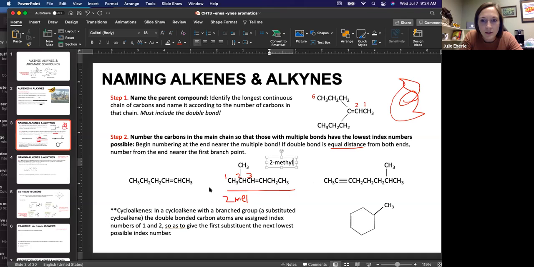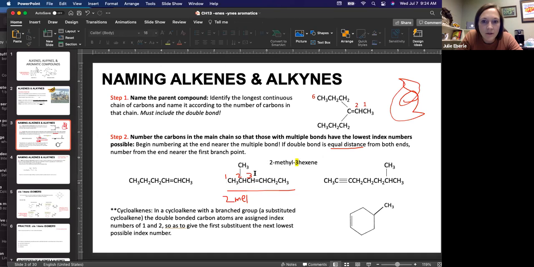But the way it works out is you'll say 2-methyl, and then I'm going to put a 3 because that's telling me the first carbon of the double bond. 3-hexene. This 3 is telling me which carbon in this chain is the first carbon of my double bond. So I've got to include the 3.